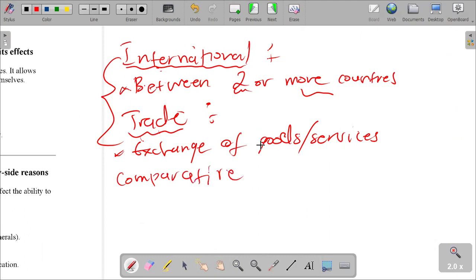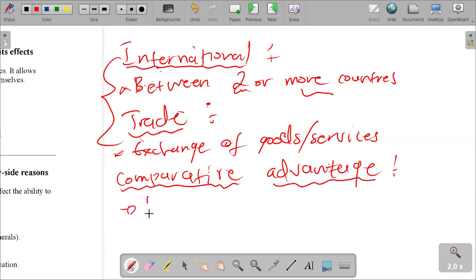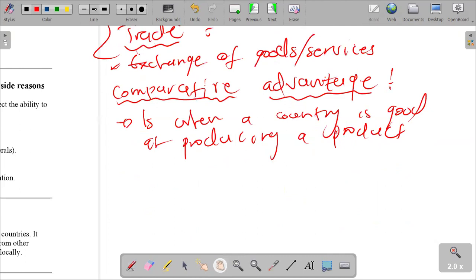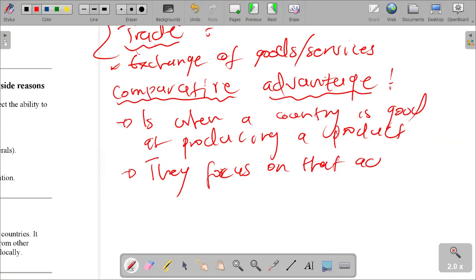We'll delve deeper into comparative advantage as we move along, but just to give you an idea, comparative advantage is when a country is good at producing a product. What they do when they are good at producing their product is that they focus on that advantage.